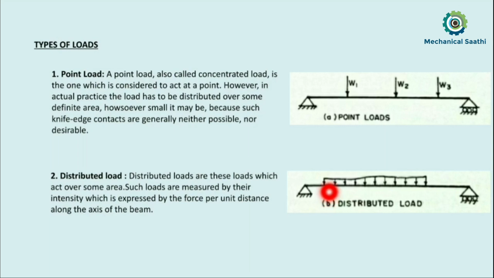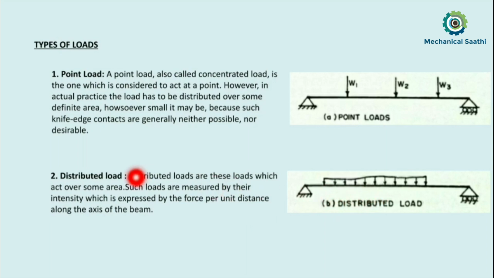But as we are taking the two axes, x and y, here we only see the variation or distribution of the load along the length. So our distributed load can be represented in terms of force per unit distance, that is, unit length. So the unit will be Newton per meter.